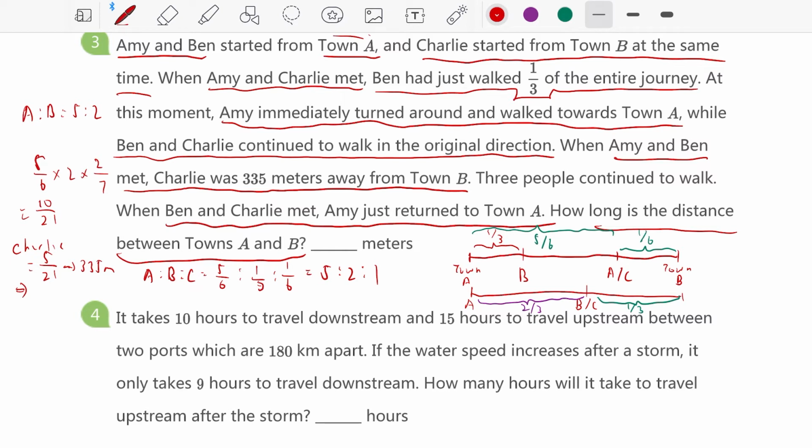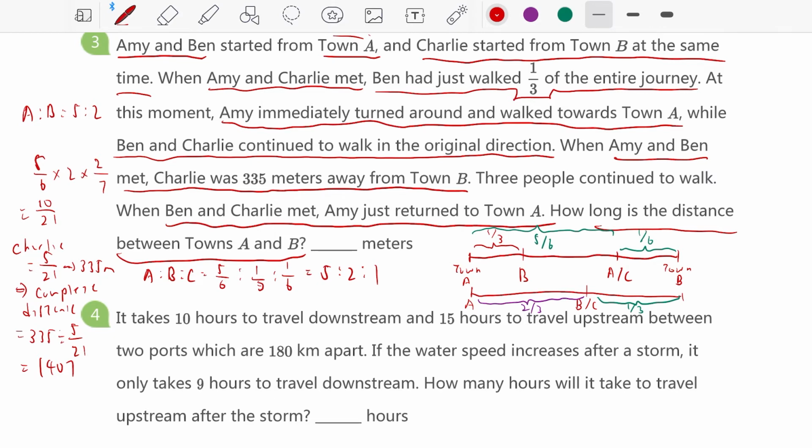So by simplifying, we can immediately figure out that the complete distance, sorry, it will just be 335 divided by 5 over 21, in which we'll get 1407 meters. Now that's the main idea. So the whole idea is to understand the concept of proportions and be able to infer proportions from this question over here. That's the key idea for this.